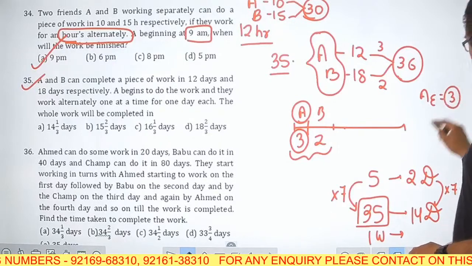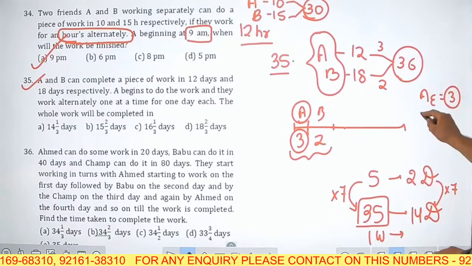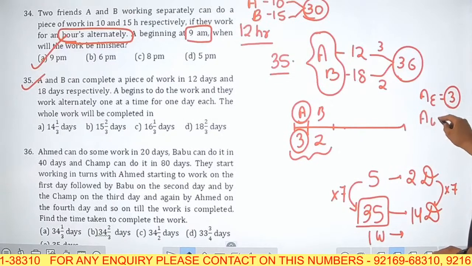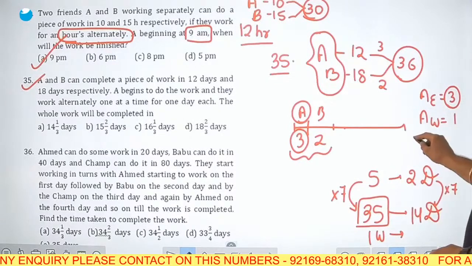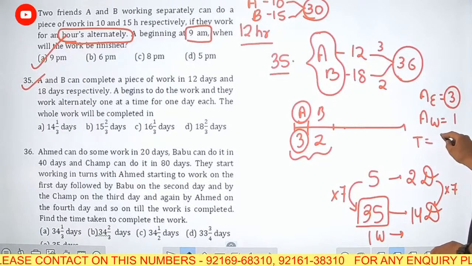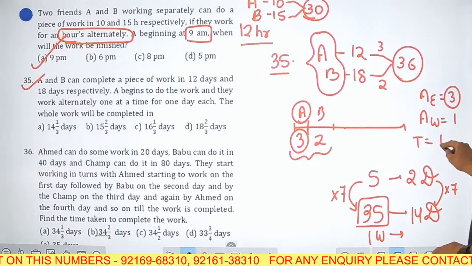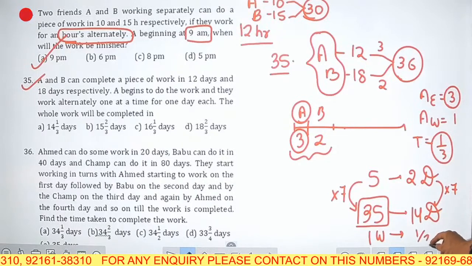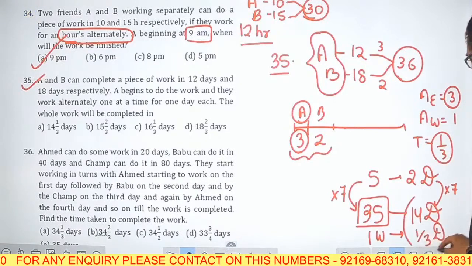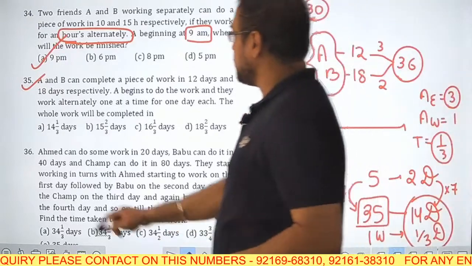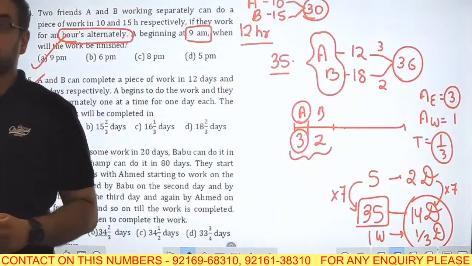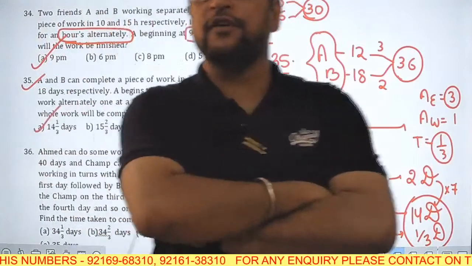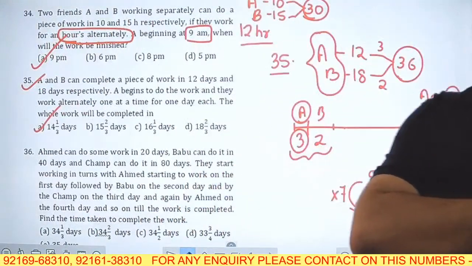The work left for A is 1. Time taken by A will be work upon efficiency, that is 1 upon 3. So he will take 1 by 3 days more. Total time taken will be 14 and 1 by 3, so option A is the right answer.